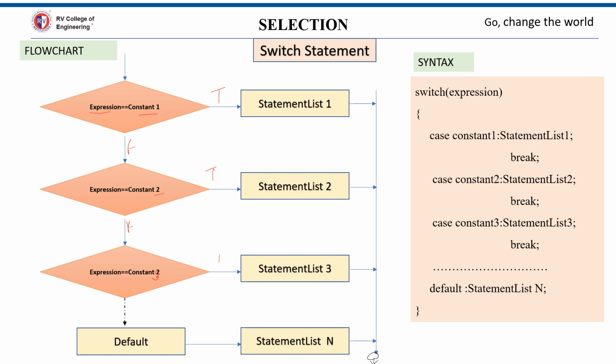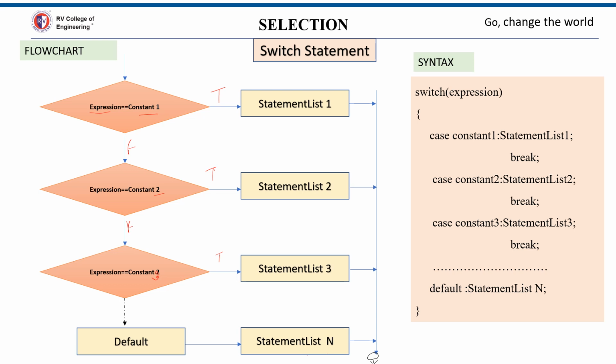If it is true, statement list 3 are executed. After executing, come out of the switch block, and so on. Finally, if the expression does not match with any of the constants, a default block is executed, with the statements corresponding to a default block. After executing, again you come out of the switch block.